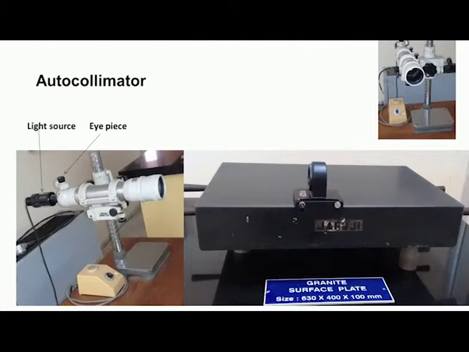And you can see this is the surface plate whose straightness is to be tested. We have this reflector surface, the stand with the reflector surface. Here there is a reflecting mirror. So, light will fall on the mirror reflecting surface, and then it gets reflected back.